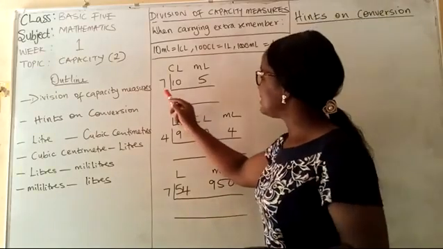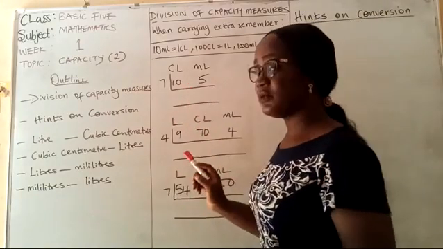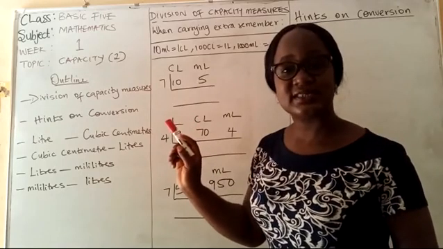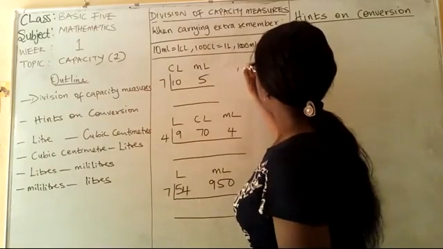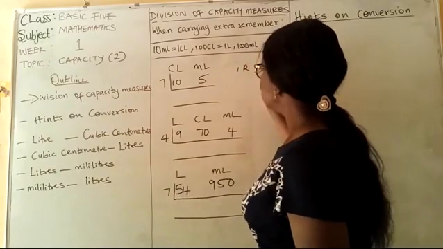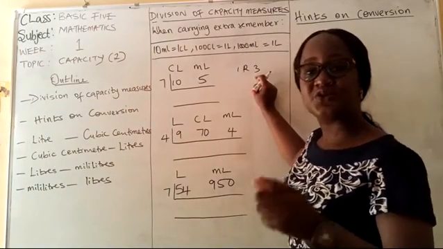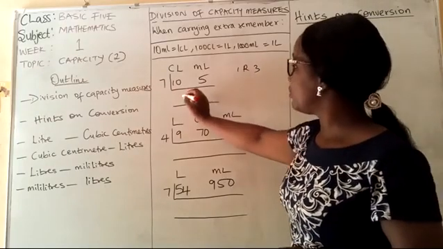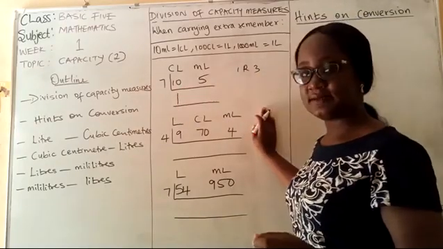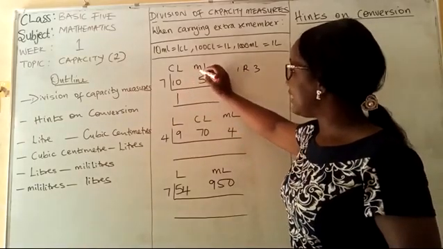Okay, now we have 7 into 10. What are we going to have? How many 7 do you have in 10? 1, remainder 3. So instead of putting down your remainder as we have been doing in other ones, we'll be putting down our whole number. So what we have here is what? 1. Now you're carrying over 3, right?